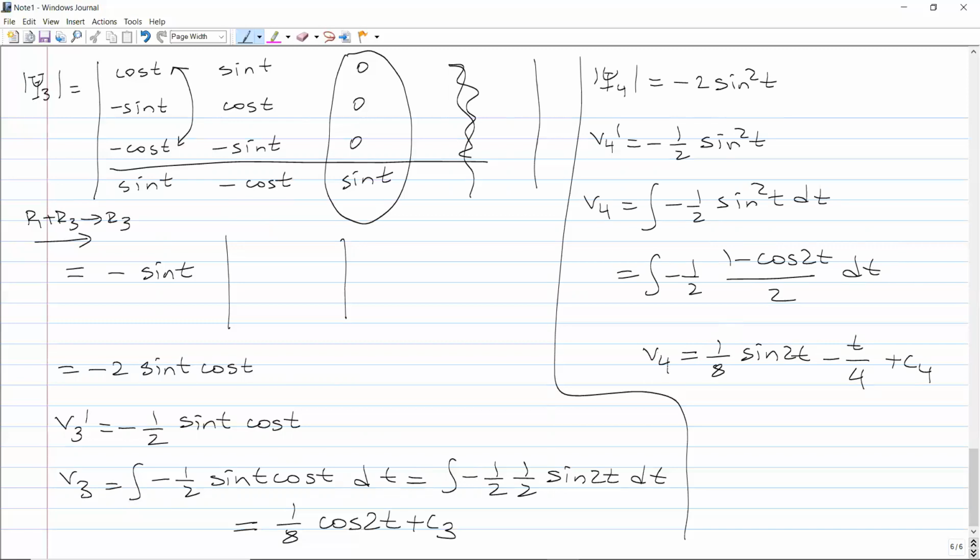So this is V4. This is V3. V2 and V1 we found as above.